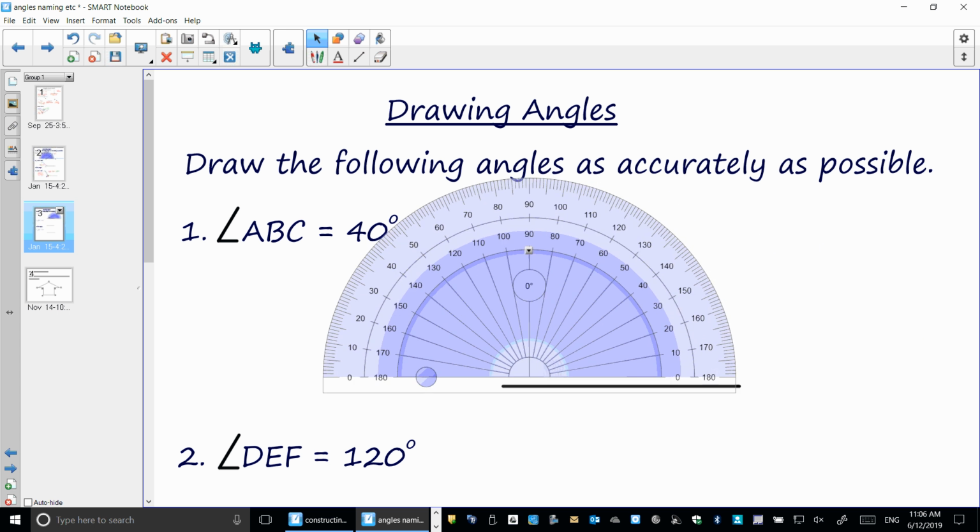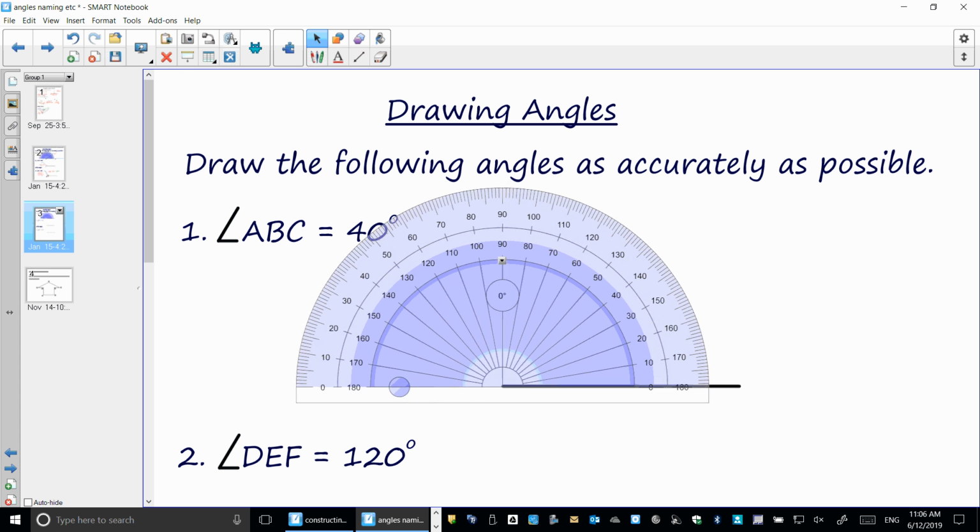You're then going to again decide which scale you're looking at. So are you looking at the inside scale or the outside scale? You decide that by seeing where it starts at 0. If you're drawing a 40-degree angle, you find 40 and you draw a little mark, okay? That's a stupid mark because it's not straight, but we know that the board is straight.